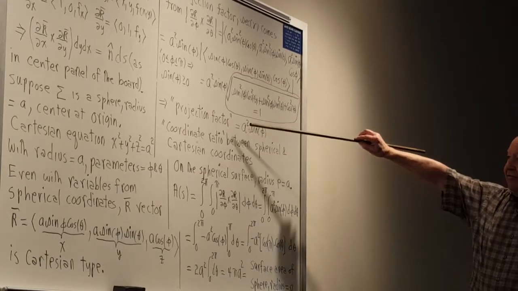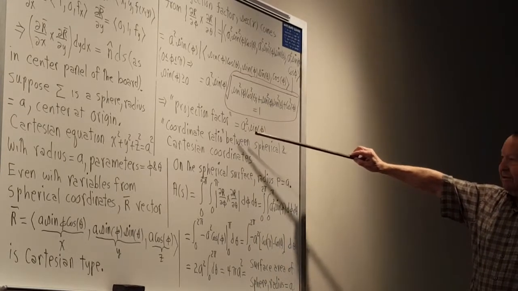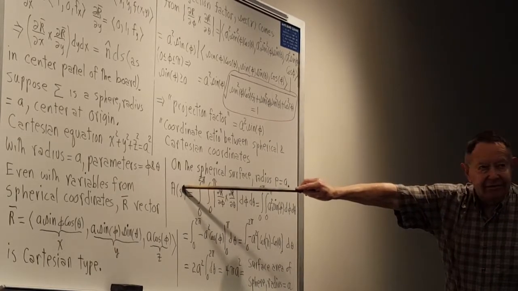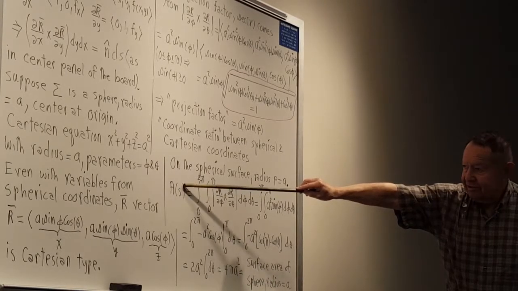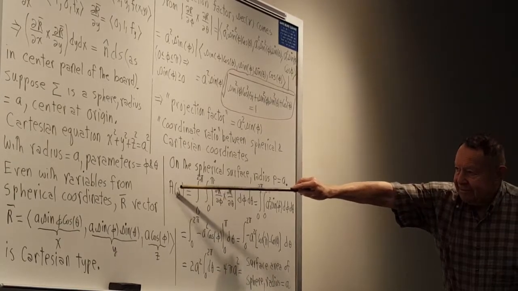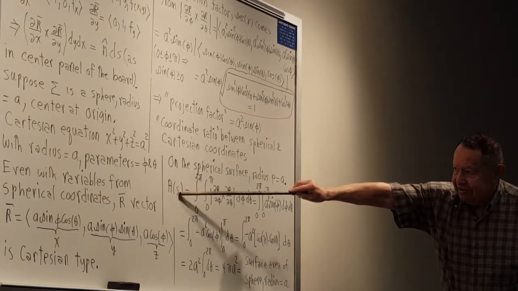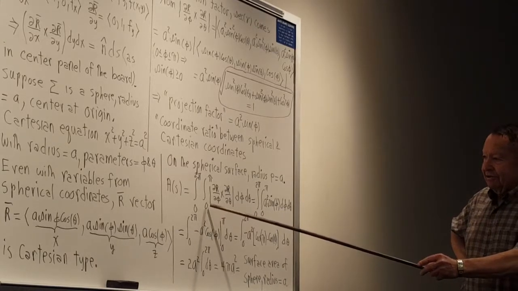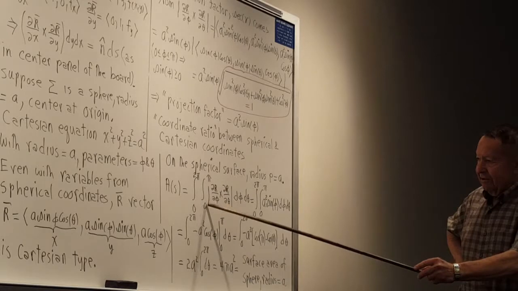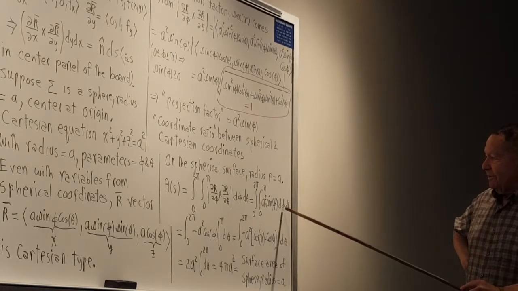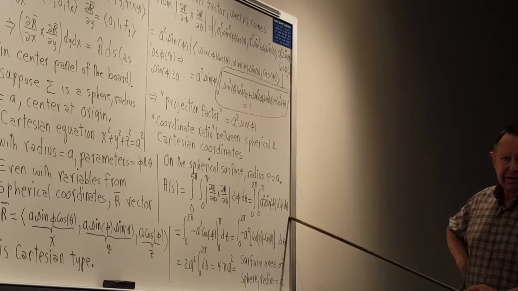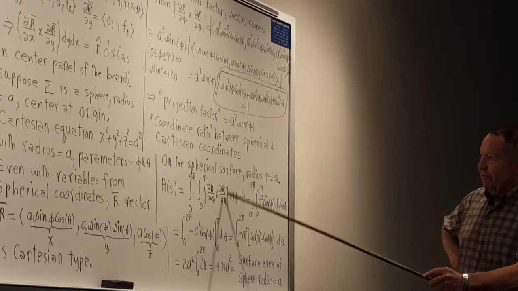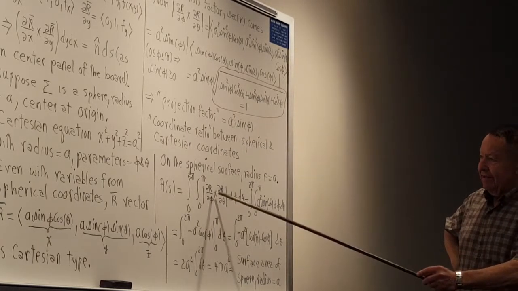So then when you have found the projection factor or coordinate ratio, you can get the area of some portion of your surface. So this is A for area, and this is on the surface, as the integration with the limits on your two coordinates you're using, which are the two angles here, if you're on this spherical surface, of the coordinate ratio, which is the a square sine phi.